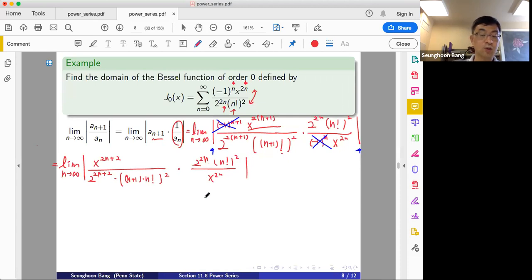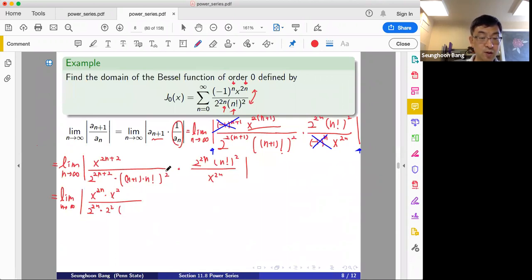Next, the limit as n approaches positive infinity. You have to split. The x to the 2n plus 2 is x to the 2n times x squared. Split 2 to the 2n times 2 squared.